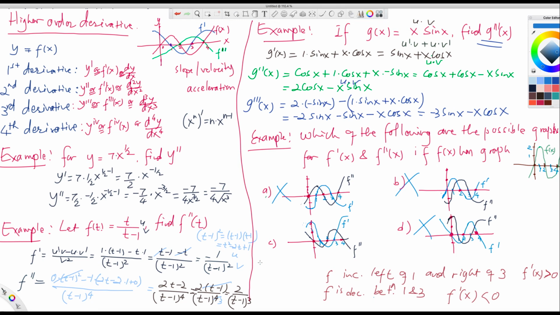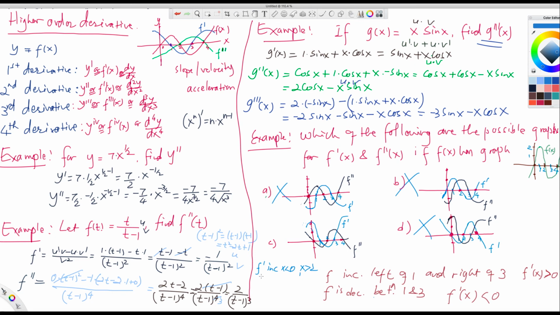So let me write down that. F prime is increasing on x less than 0 and x greater than 2. Look at this, because this is the right graph for f prime, right? So let us look at the properties of f prime. F prime is increasing left of 0 and increasing right of 2.